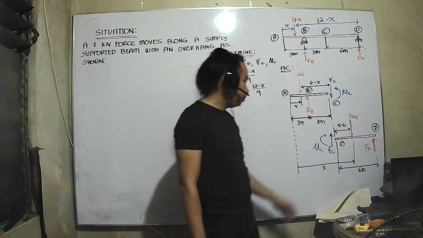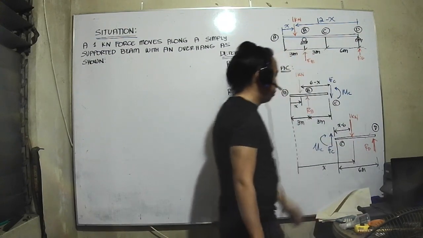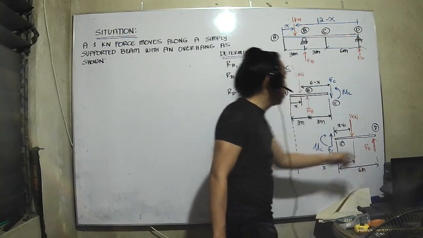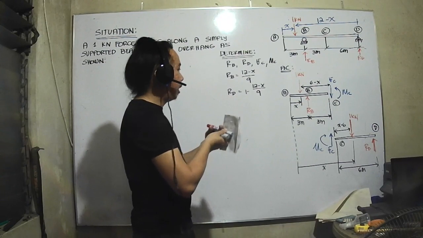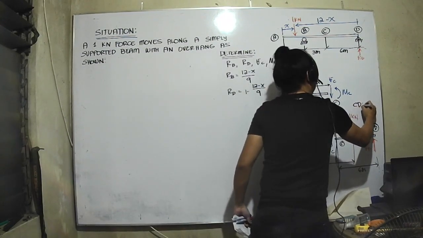The location from point C to point D is still 6 meters. This is our CD segment.